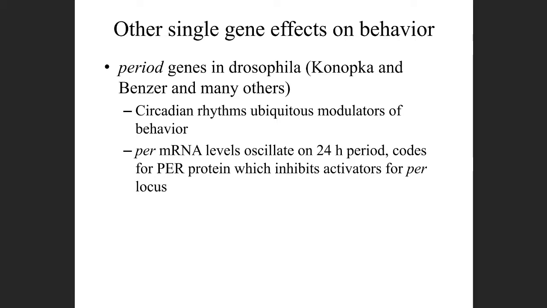It's interesting what sleep means for an insect, but there are periods of higher and lower activity. And the period gene expression, the messenger RNA levels, oscillate on roughly a 24-hour period.